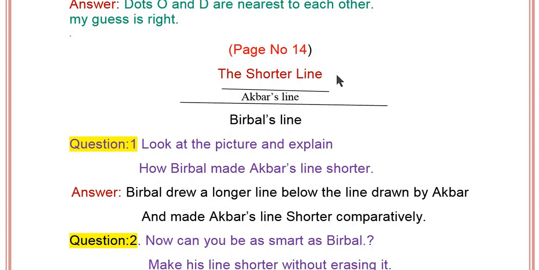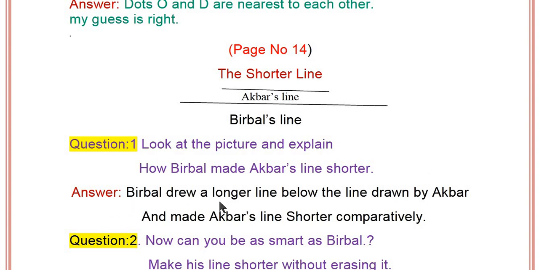Page number 14. The shorter line. Here Akbar's line is given and below Akbar's line there is one more line, Birbal's line. The first question: look at the picture and explain how Birbal made Akbar's line shorter.